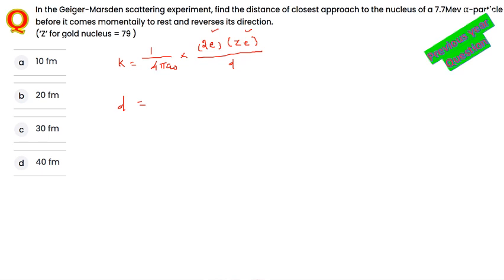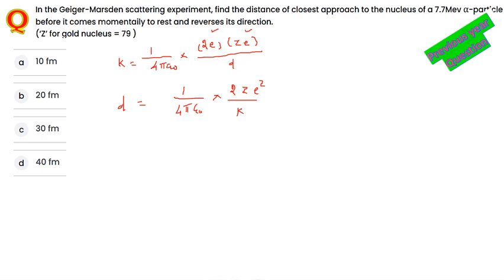From this, d is equal to 1 divided by 4 pi epsilon naught into 2 Ze square, divided by K. The value of K is already given, 7.7 mega electron volt.